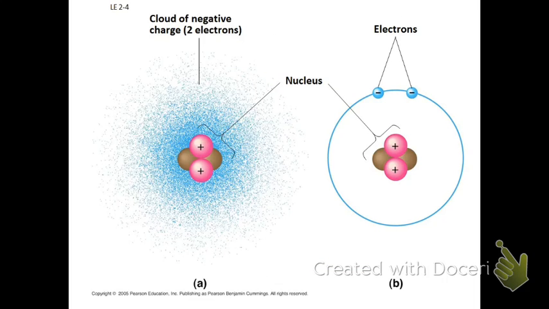Now, when we think about atoms, since this is going to be biochemistry, atoms are the smallest unit of matter that has chemical properties. And these chemical properties are because of it having subatomic particles.